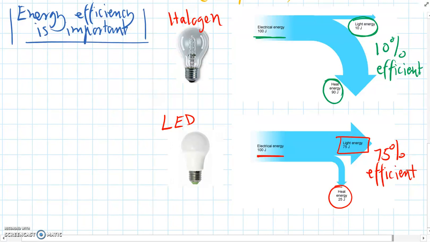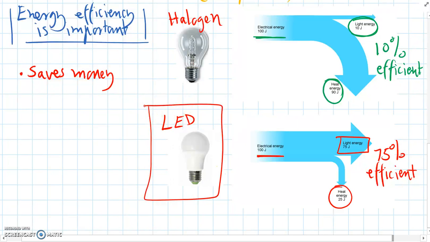The reason we want efficient appliances at home and efficient vehicles is for a few reasons. One of them is because it saves money. If we have an efficient light bulb, we're not wasting money paying for electricity. And if we have an efficient car, we're not wasting money on fuel.